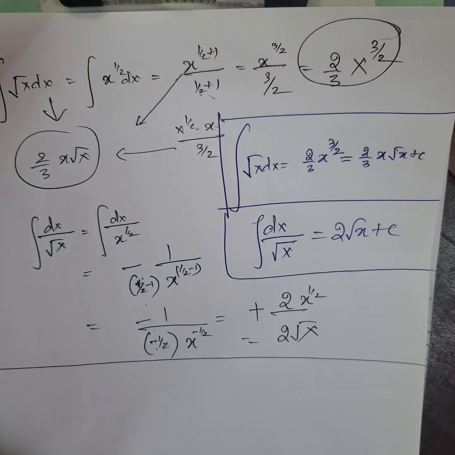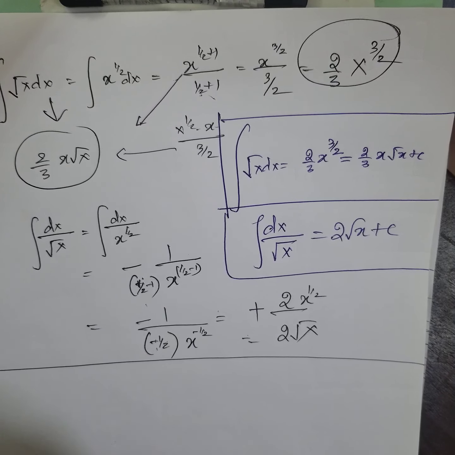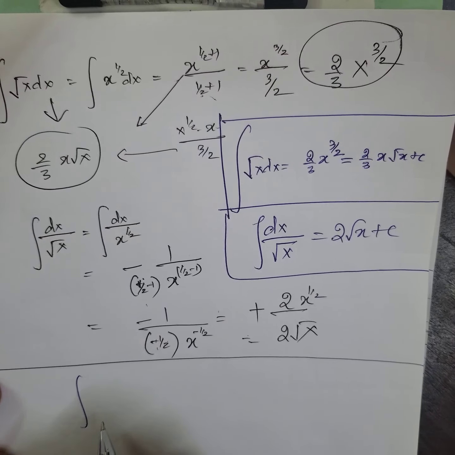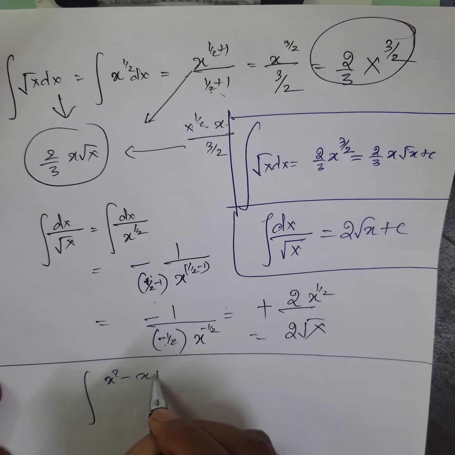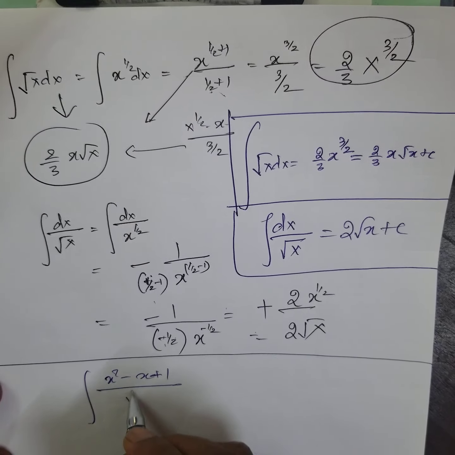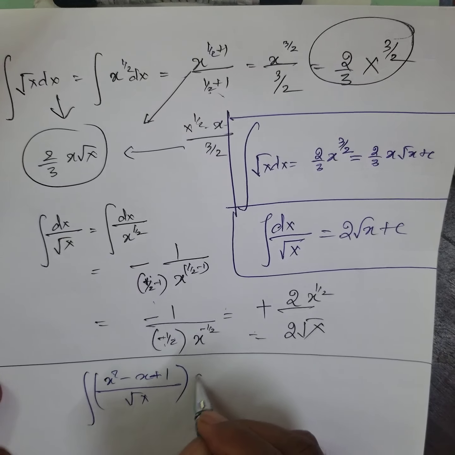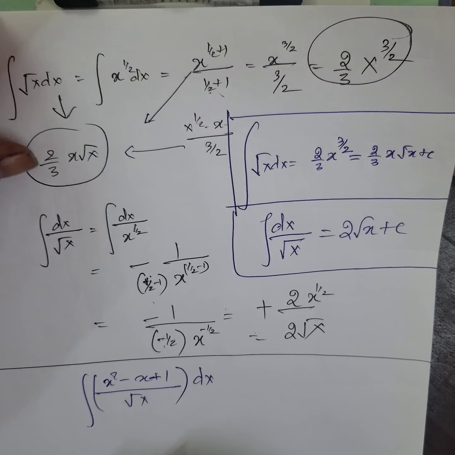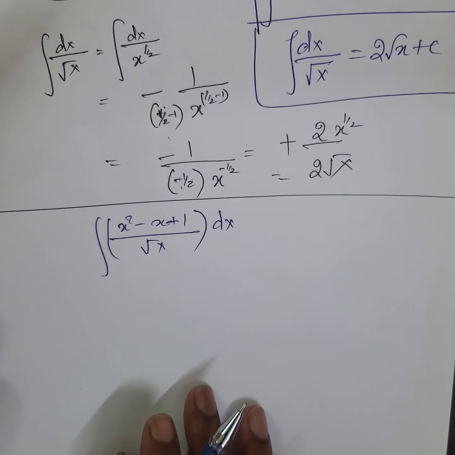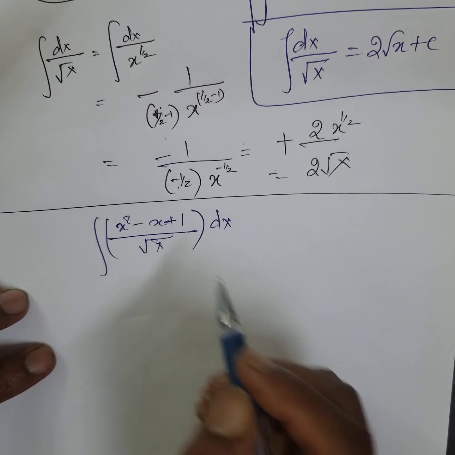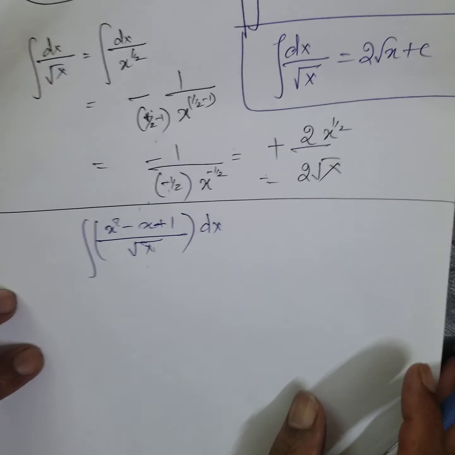Now, one particular sum they have asked. How to do this? Integration of x square minus x plus 1 by root x dx. How will you do this? There is no u by v method.